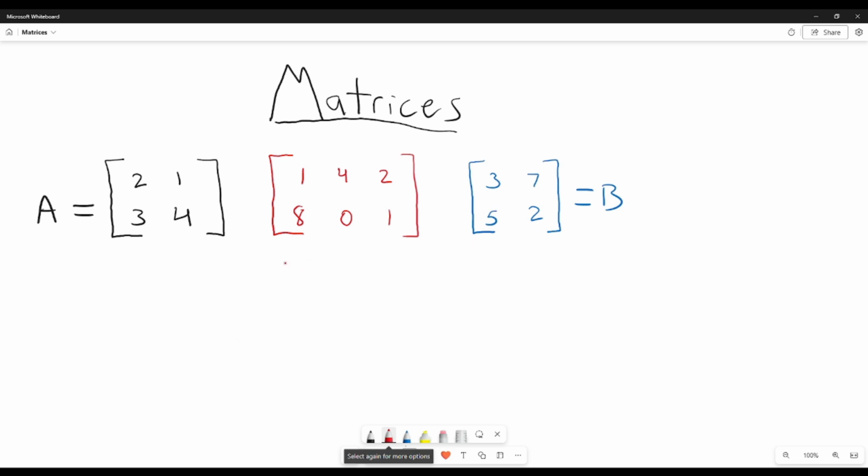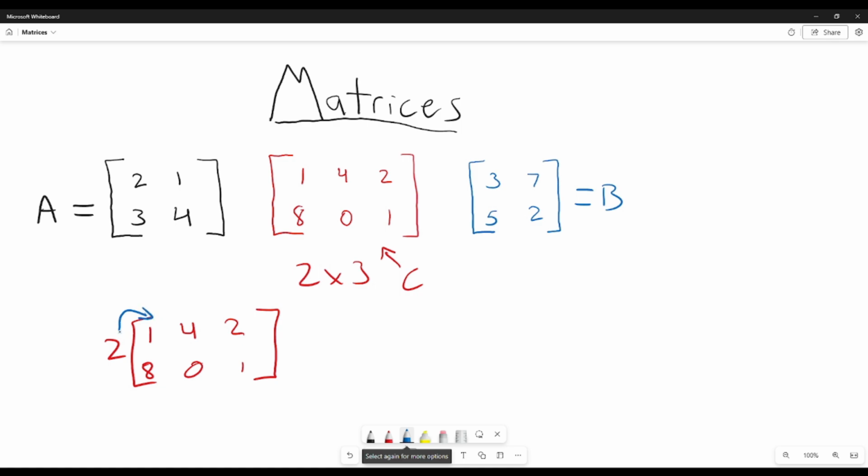So for example, let's take this 2 by 3 right here, and we'll call it C. So if I had 2 times this whole matrix, I would simply multiply this 2 into every single element in the list.